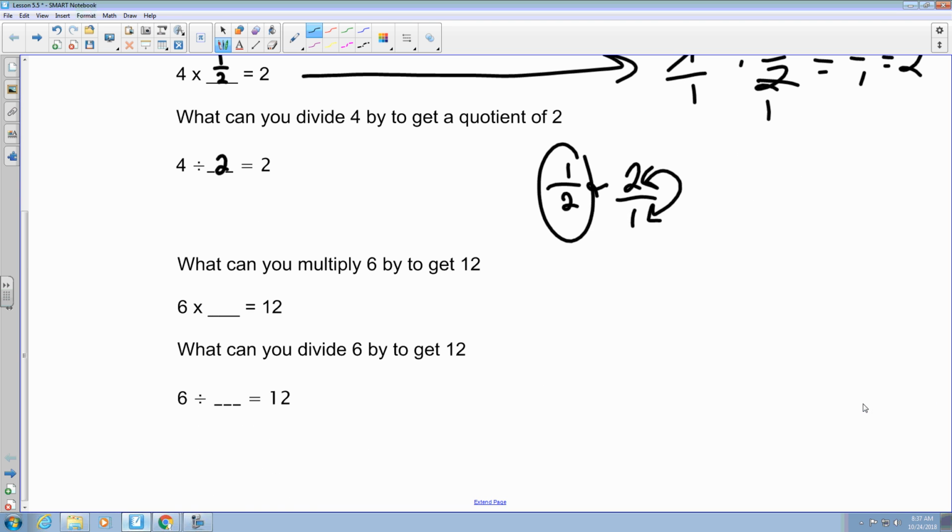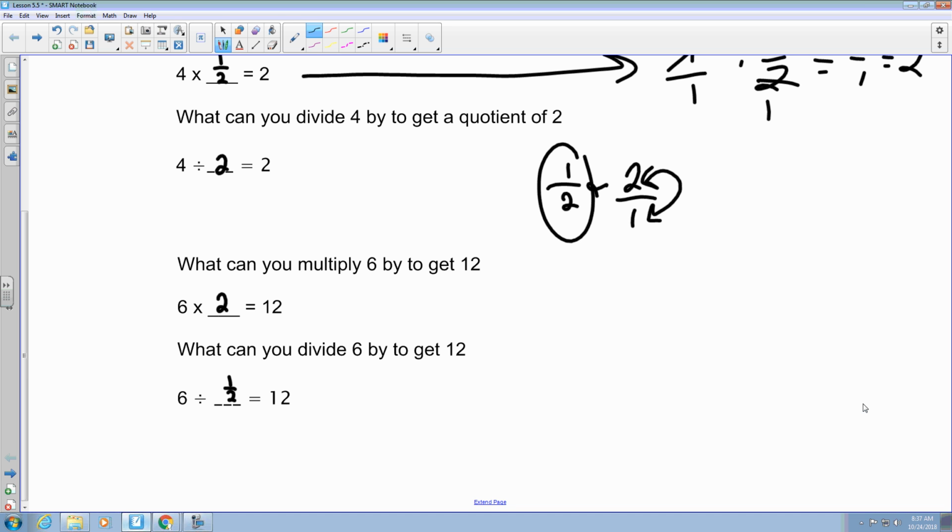So if we look at another example, we know that 6 times 2 is going to equal 12. So that means that 6 divided by 1/2, which is the reciprocal, should equal 12. Because let's think about this.